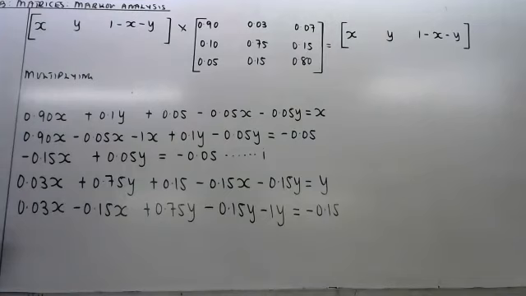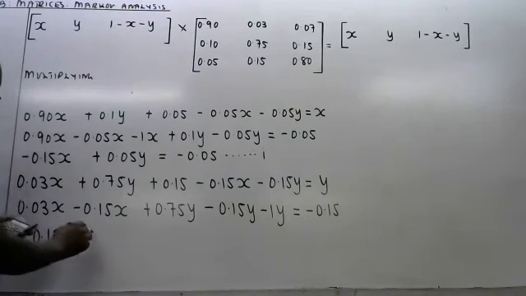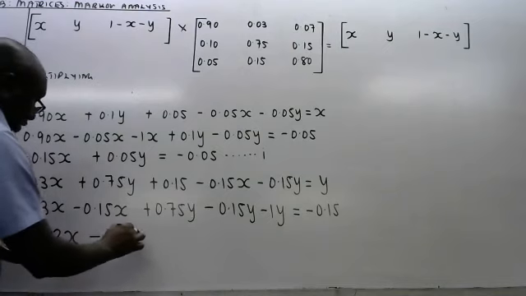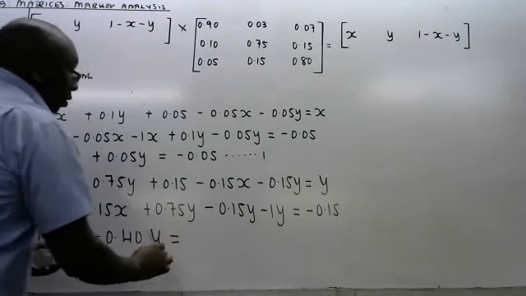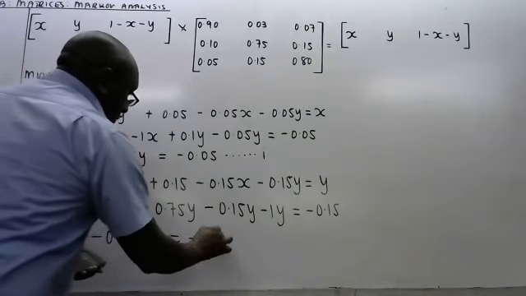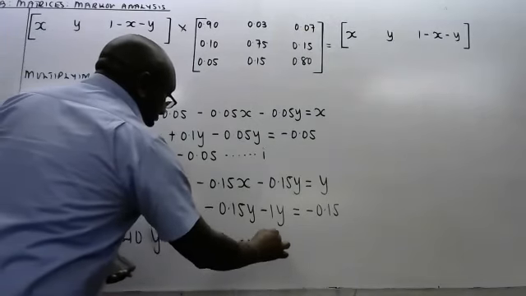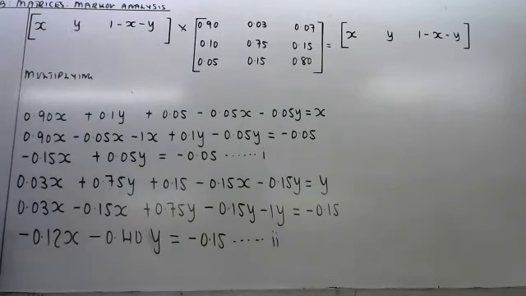So this then becomes 0.03 minus 0.15 is minus 0.12x. Then 0.75 minus 0.15 minus 1 is minus 0.40y, should be equal to minus 0.15, and this one we call it equation number 2.